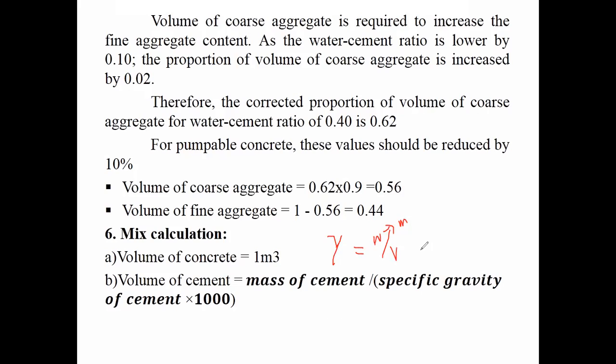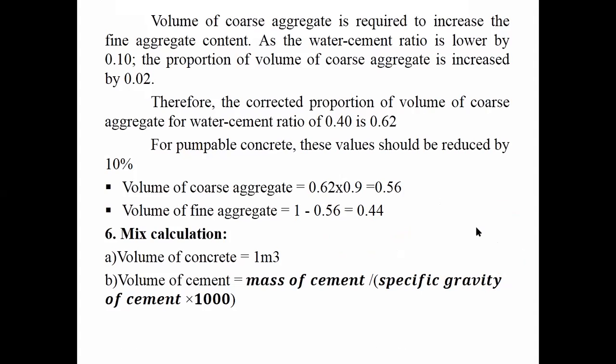I'm just keeping it simple. So volume is mass divided by unit weight. This unit weight can be written as specific gravity of that material into unit weight of water. That is the standard case. From this they found the volume: mass of the cement divided by specific gravity of the cement into 1000.